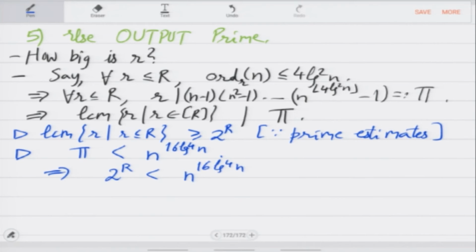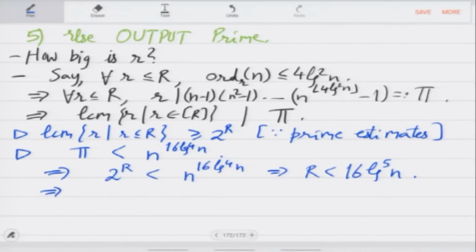So which means r has to be less than 16 log⁵ n. Right, so small r cannot exceed this.